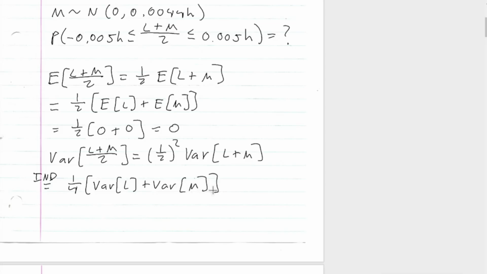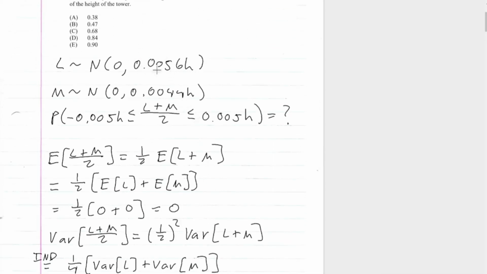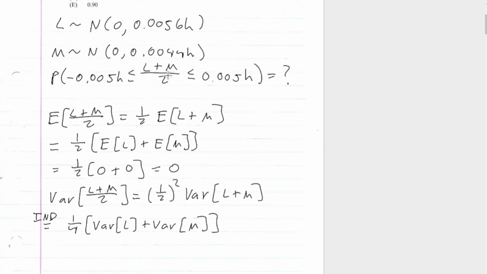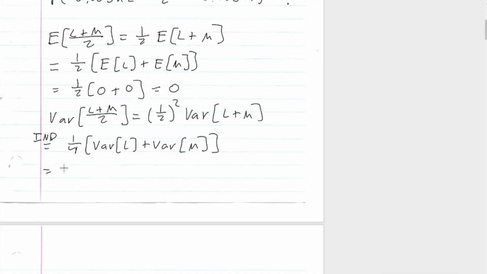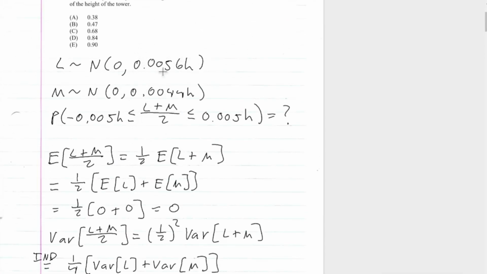Okay? And we had the standard deviation of L, which was 0.0056h. So this is equal to 1/4, and all we have to do is square this number to get the variance.